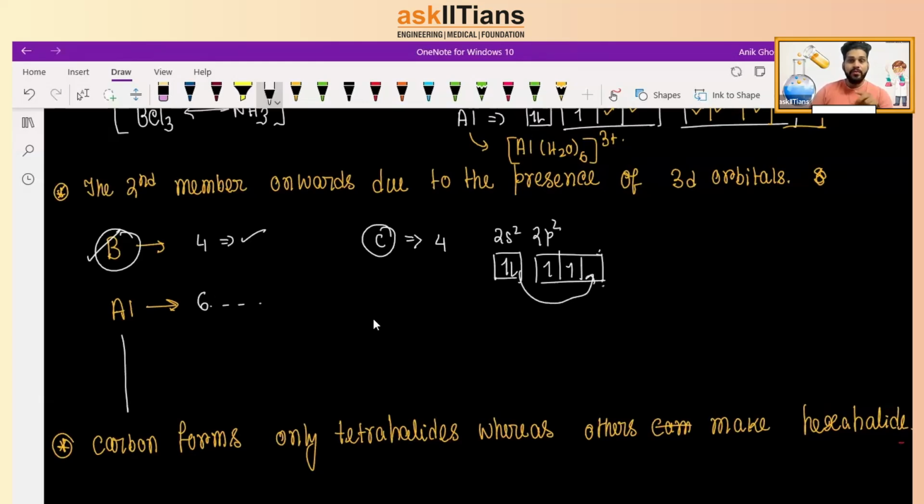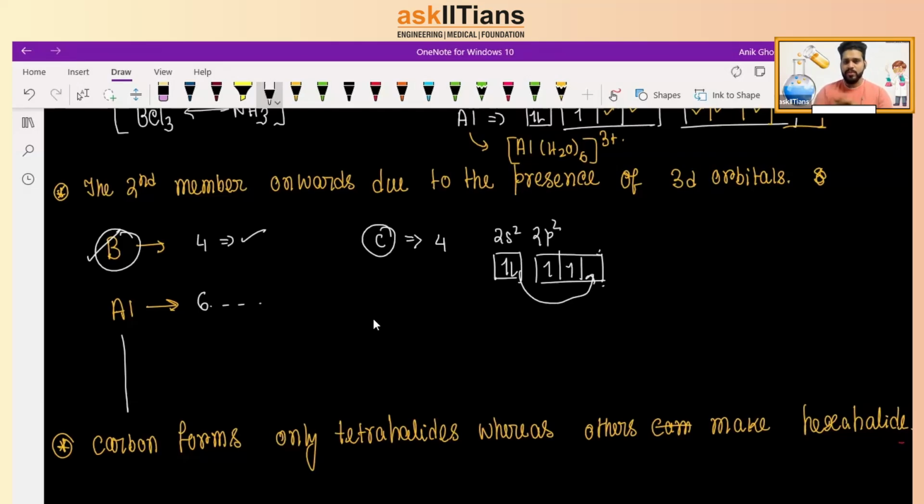So carbon cannot even extend its valency ever beyond 4. But when you go to silicon and people like that, again you have the d orbital getting generated there for the 3rd subshell. As a result, guys, you get to see more than 4 valencies. You get to see 6 valencies in silicon systems also. It's like silicon, germanium, and all the people. So this is the main gist of this absence of the d orbital.